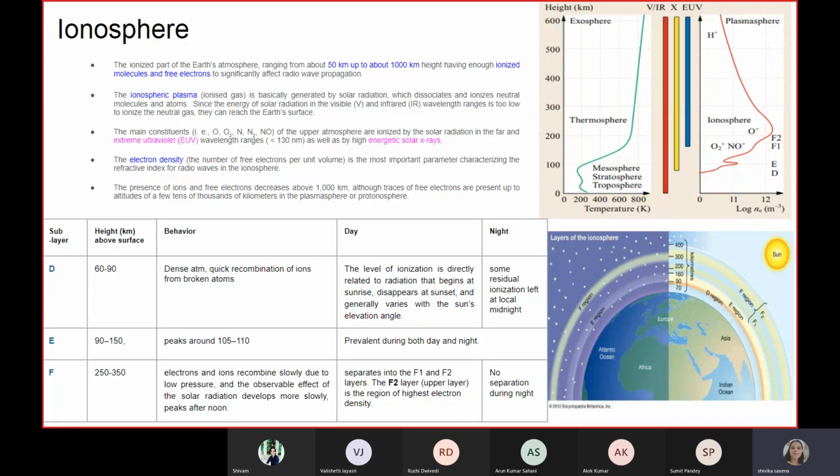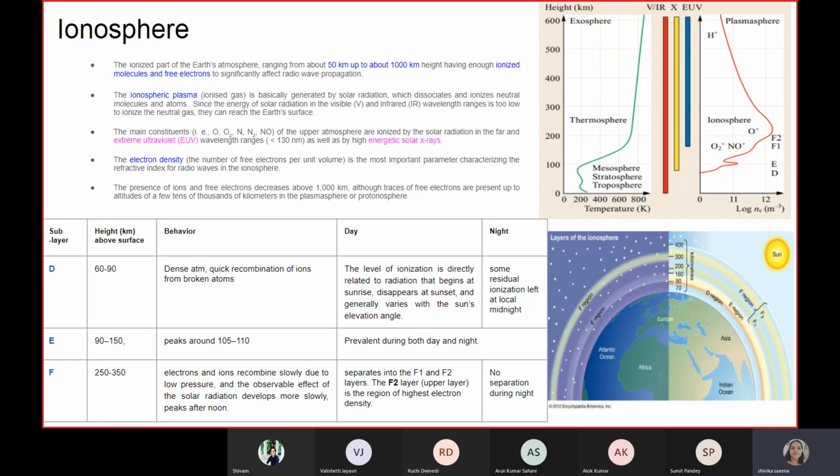As we have seen in the second or third slide, the ionosphere is subdivided into sublayers according to the electron density that is present there. So why do we call this portion of the atmosphere the ionosphere? Because some degree of ionization is happening. What is ionization?